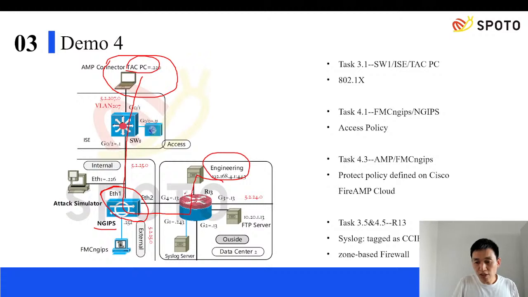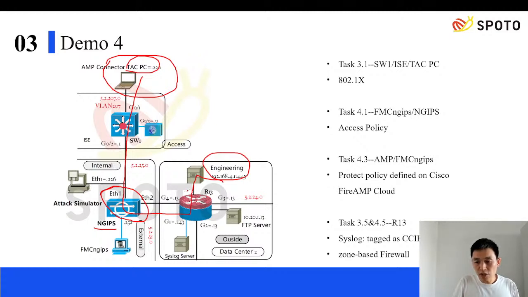And the last 2 tasks are task 3.5, that's for syslog, and task 4.5, that's for zone-based firewall. These 2 tasks are deployed on router 13.